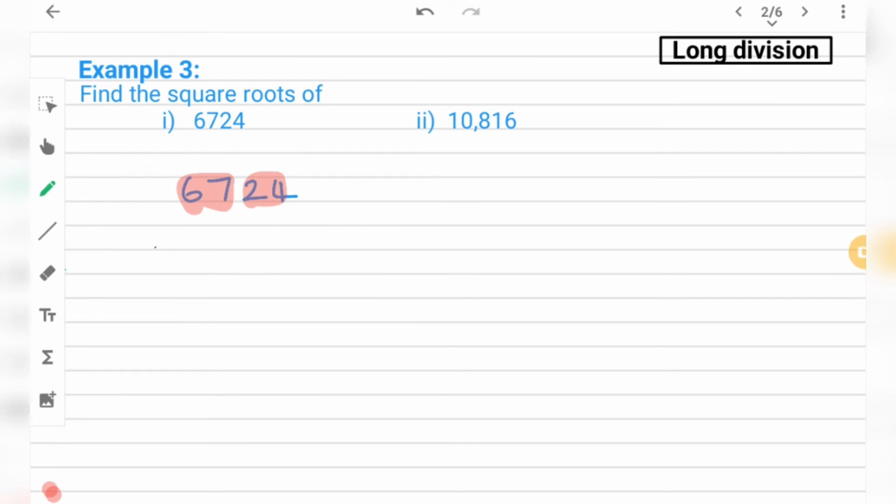And now I am going to draw a line like this. Now we are going to place a digit. While you are placing 4, you have to multiply with 4. 4 4s are 16. So we are going to find a number which is near to 67. 4 fours are 16 and it is too far away from 67, right? So shall I take 8 eights? 8 eights are 64.